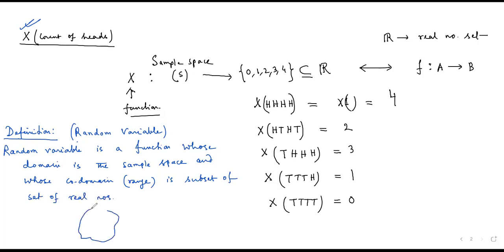So I choose a sample space like this with several points in it. X is operating on it, and it is taking us to the real number system, some part of the real line, maybe this part. It is projecting like this. So capital X is thus a random variable.